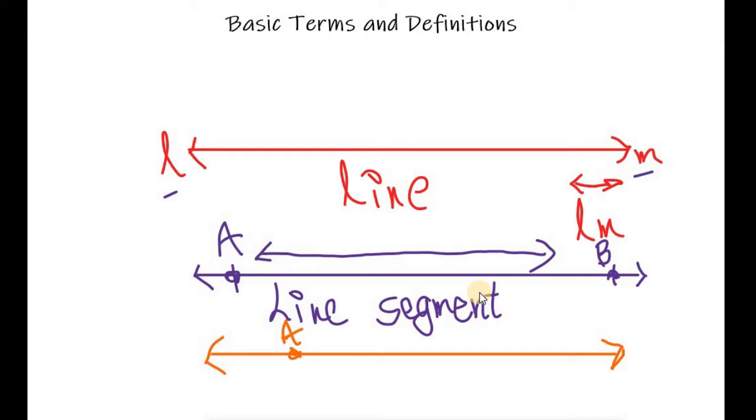It's extending indefinitely. This type of figure is known as a ray. A ray has a starting point but the ending point does not end anywhere. It goes on like a line. So this is the definition of a ray.